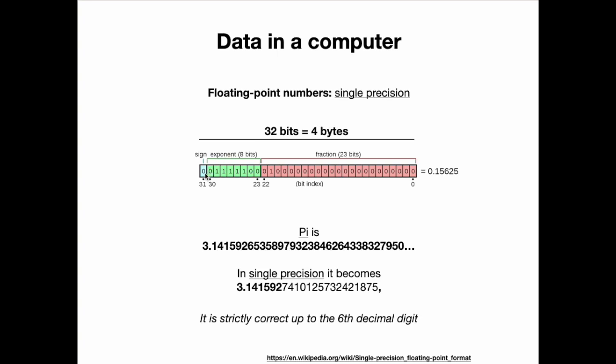So you have the blue bit here, which represents the sign. And you have the exponent, which is covering the 8 bits here, and the fractional component, which is using the 23 remainder bits here. This combination is representing the number 0.15625.